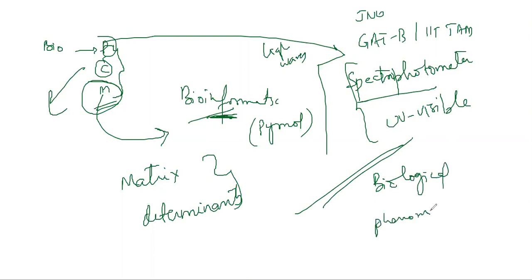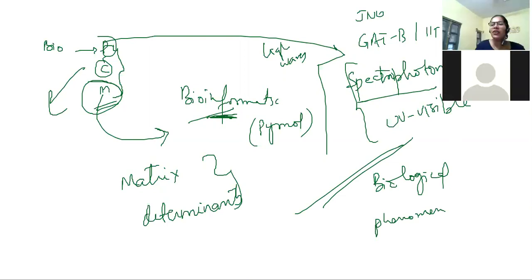Getting the point? So that's why if you see many of the professors who are very good in physics, chemistry, they actually come into bio. For example, in my case, my scientist, he was a physicist. Somehow he came into bio. So I also did biophysics then.